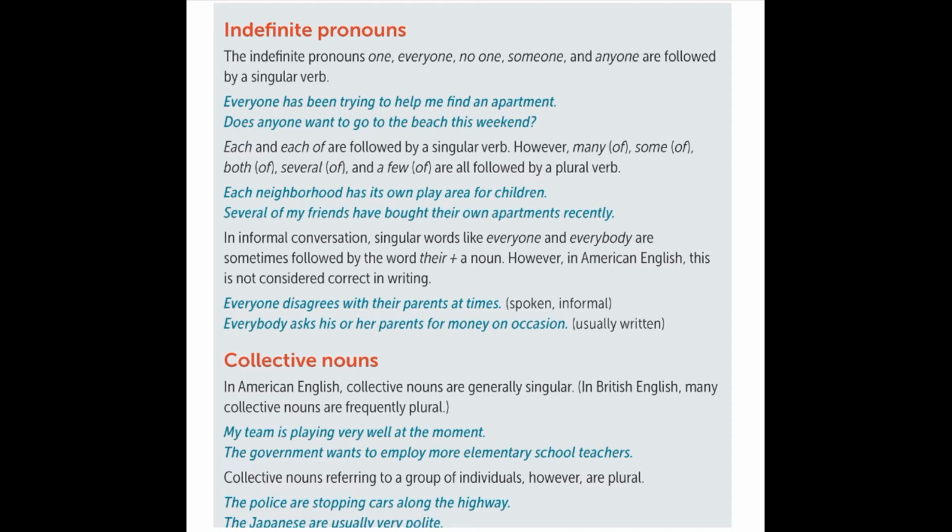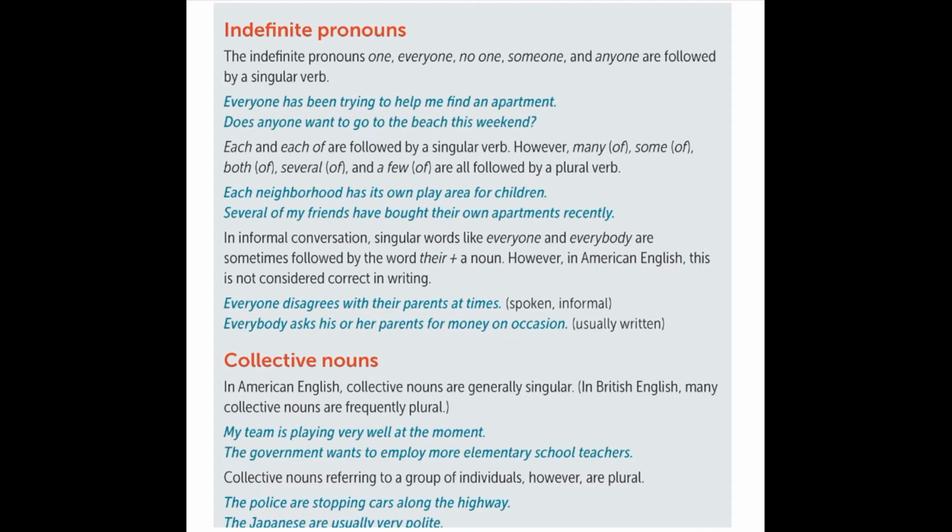Usually written form, right? With the indefinite pronouns and the words each of, the verb is in the singular. But when we have many, many of, some of, both of, several, several of, a few of, remember to use the verb in the plural, right? This is about indefinite pronouns.